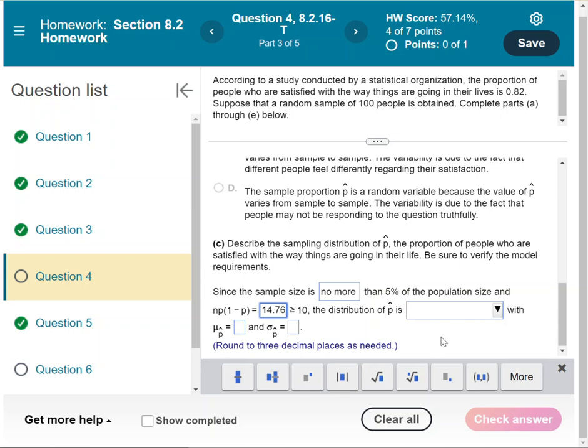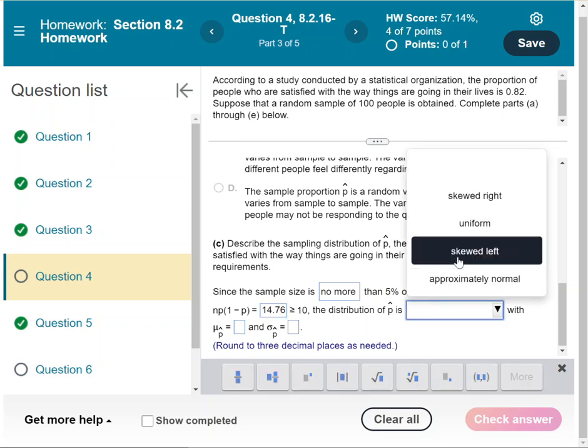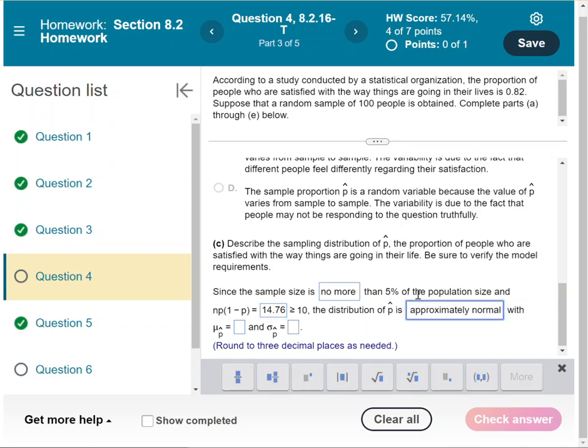So for that reason, because those two conditions have been met, the distribution of p hat is approximately normal with, we know that the mean of this sampling distribution of p hat is going to be equal to p, which is 0.82.